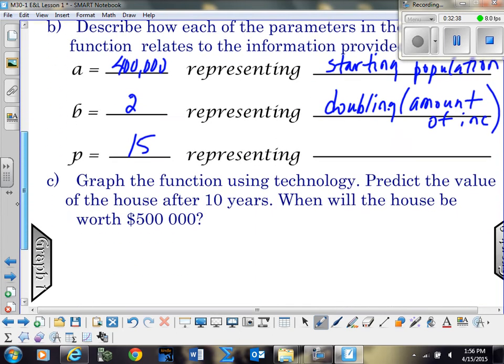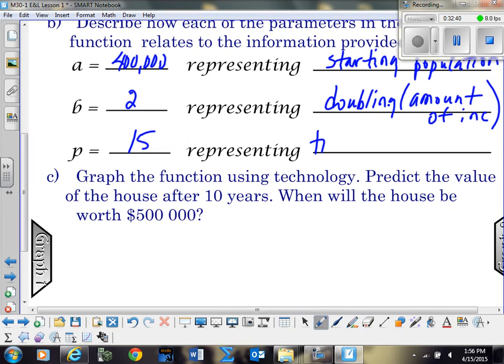So that is the time it takes to double, and that's in years. We have to be careful that when we talk about time elapsed, it is in the same units. So it says predict the value of a house after 10 years. When will the house be worth 500,000?